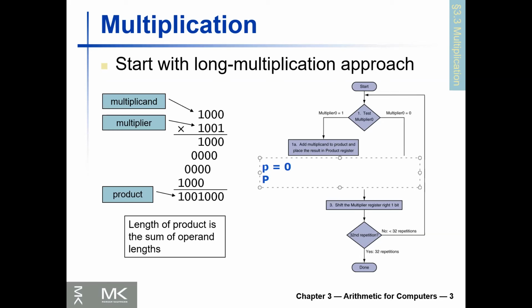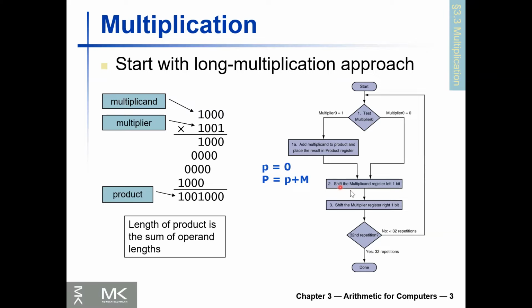So the next step is product equals product plus multiplicand, with capital M for the multiplicand. This is what we have to do if the right bit of the multiplier is 1.